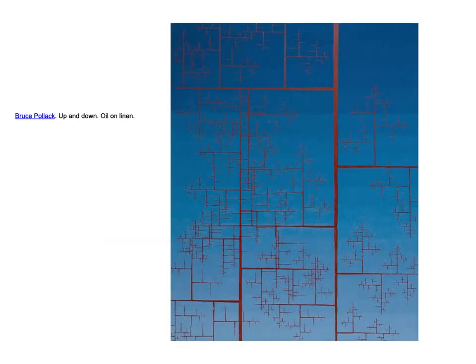Bridget Riley created screen prints, which is another way to use line. She was fascinated by optical illusions and specifically how lines can change a surface. Here we have a painting which is oil on linen.